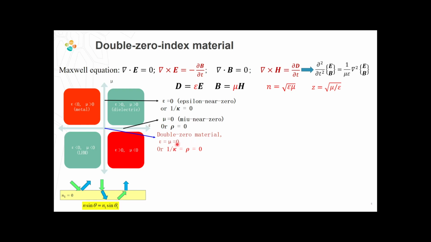Actually, for a zero index material, when you have the refractive index nearly 0, that means the wavelength is infinitely large. If we look at this picture that shows reflection and refraction on an interface between a zero index material, highlighted in yellow, and a common material outside of it: by using Snell's law, we can easily get that any incident wave at an angle from outside the zero index material will be reflected.